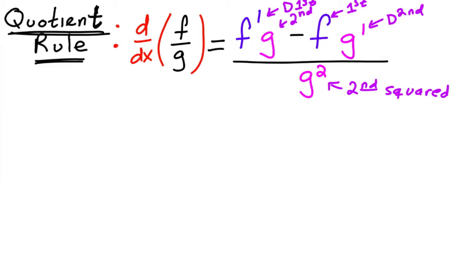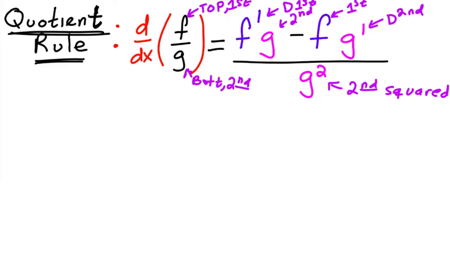Notice that you should always take the derivative of the first, and in this case I'm calling the top the first. So you can say top or you can say first, either one would work. And the bottom we're going to call the second.